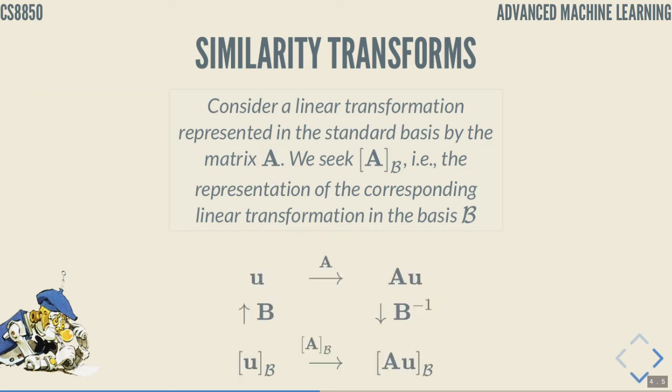So here's what we do. A transformation in the standard basis when applied to U results in AU.